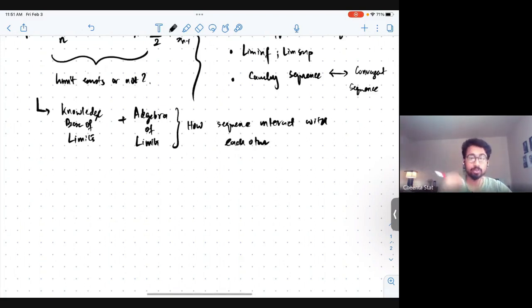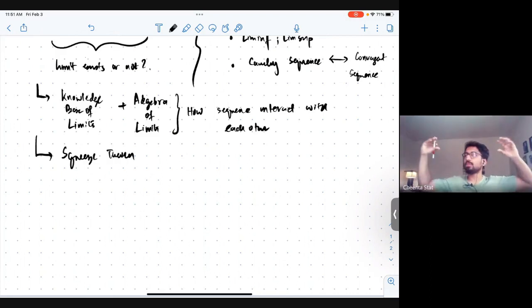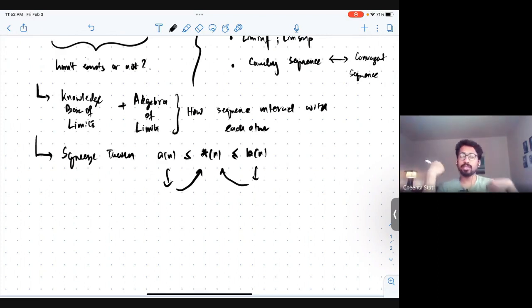This is one way to do that. Another way: there are various things, like the squeeze theorem. We use two known sequences and bound an unknown sequence, let's say star of n, by some known sequences a_n and b_n, and we know the behavior of these two. From that, we can understand the behavior of this one. We can show it's bounded, or we can show the limit exists. So these are called the squeeze theorem.